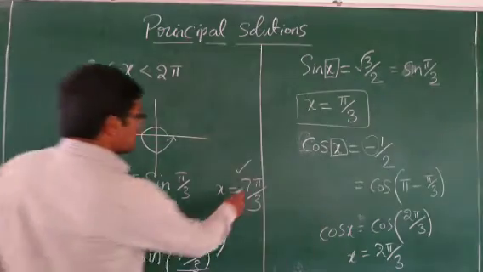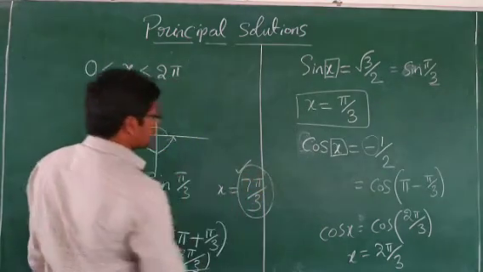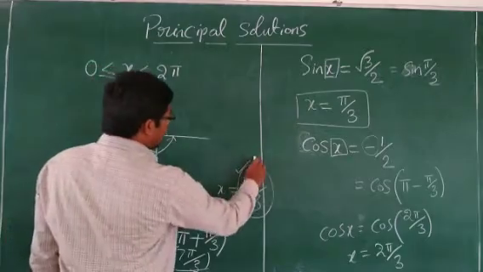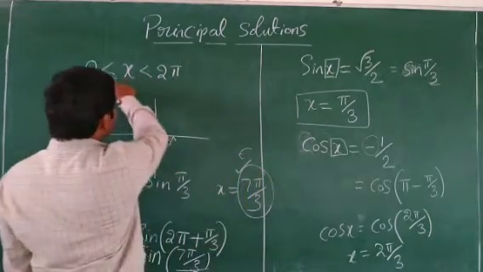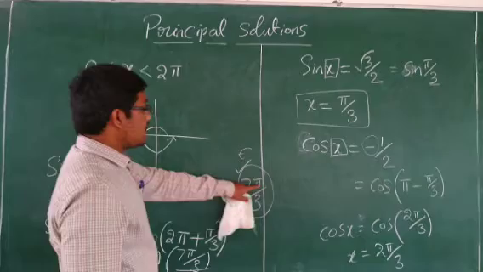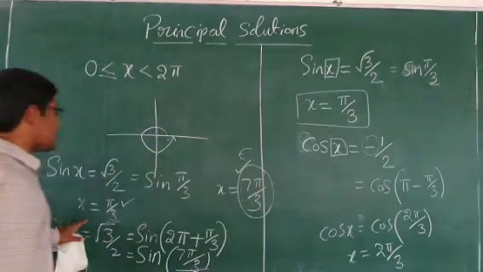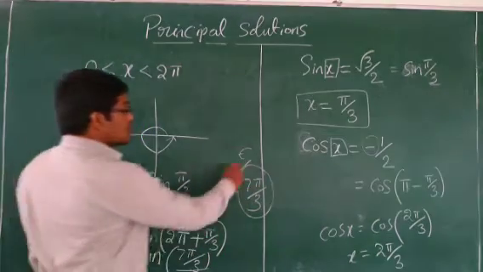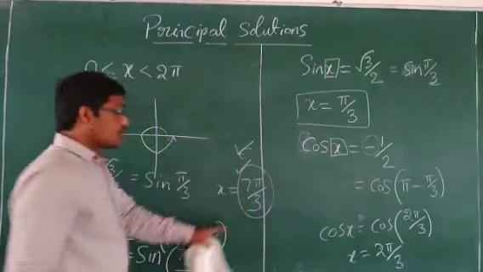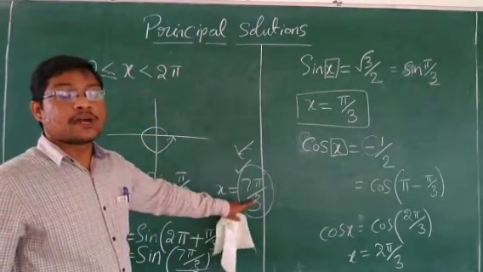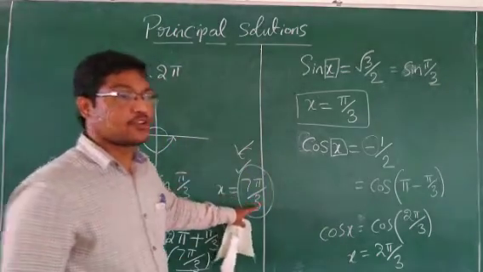But this 7 pi by 3 is not in the interval 0 to 2 pi. So this is also one solution, but this is not the principal solution.